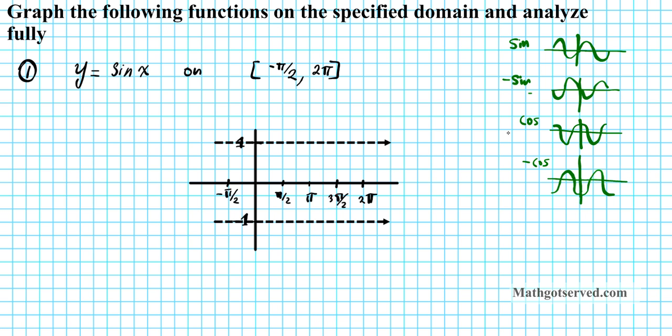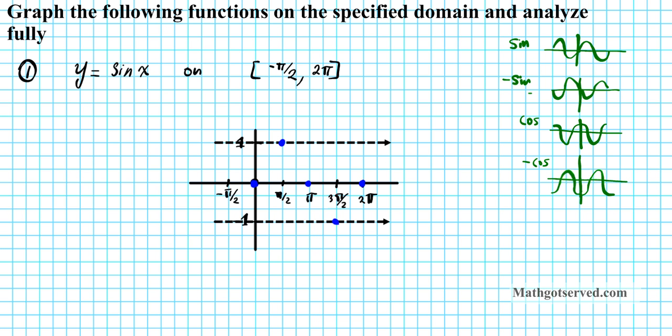So let's start with number 1. We're looking at positive sine. So we note that for positive sine, we're going to start from the center. Okay, let me use a different color. You start from the center. If it's positive, you're going to go up to the right, down to the left. Okay, so we're going to go next tick mark maximum, next tick mark center, min, back to the center.